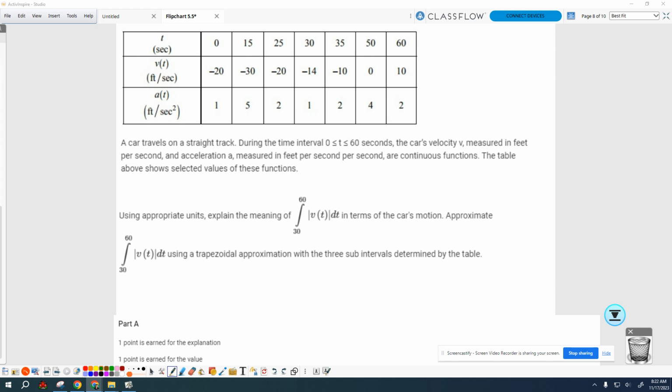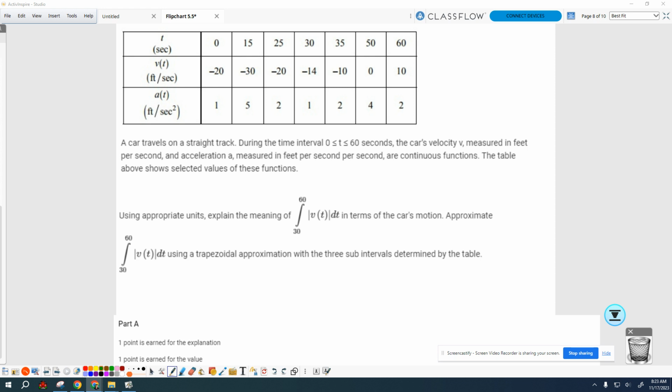Okay, so the integral of velocity. Physics people will tell you the integral of velocity is going to be your displacement. This is the integral of the absolute value of velocity, so that means if you were moving backwards, we're going to count it as still distance traveled.